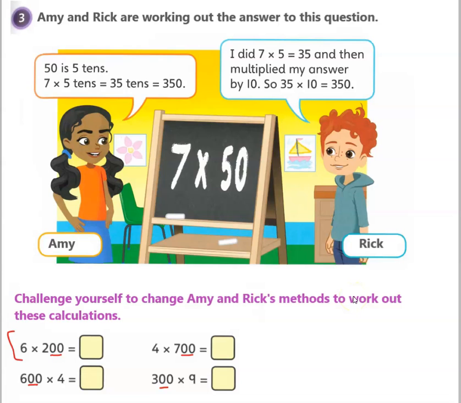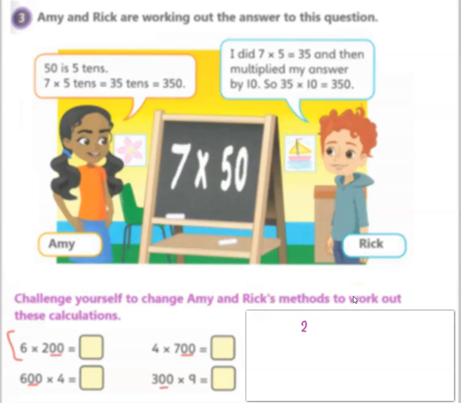Well, if we apply Amy's method, 200 is 2 hundreds. So if we multiply 6 times 2 hundreds, that's going to give us 12 hundreds.